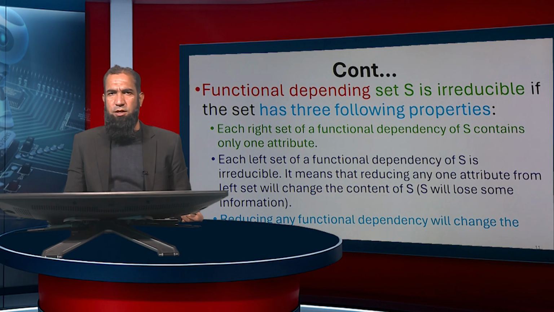Formally, a set of dependencies S is said to be irreducible if it satisfies three important properties. First, each functional dependency in S must have only one attribute on the right hand side.